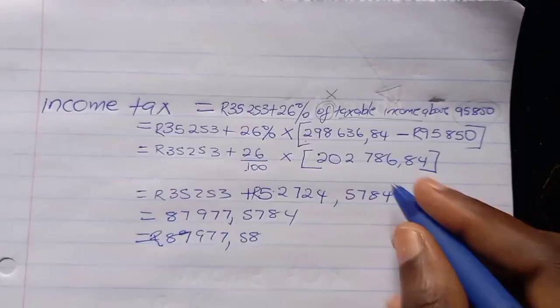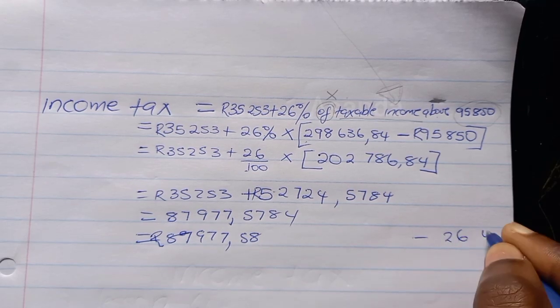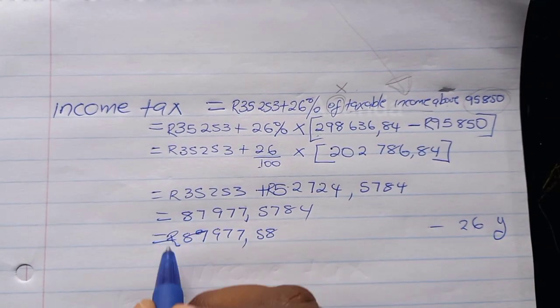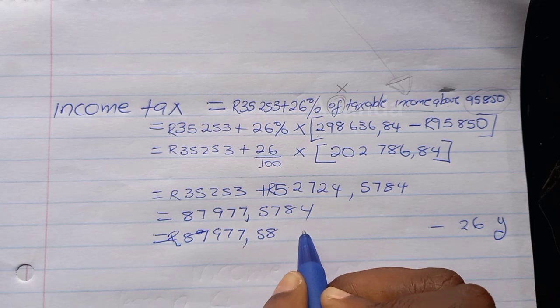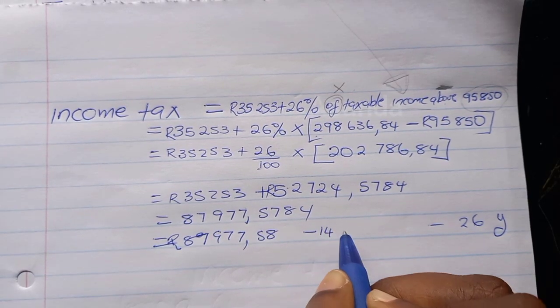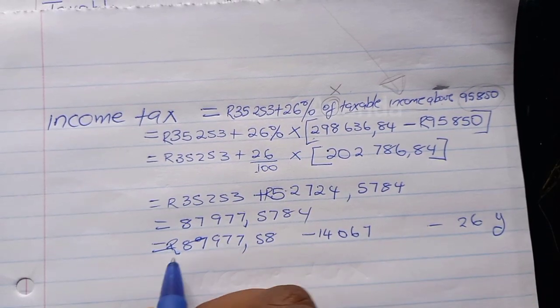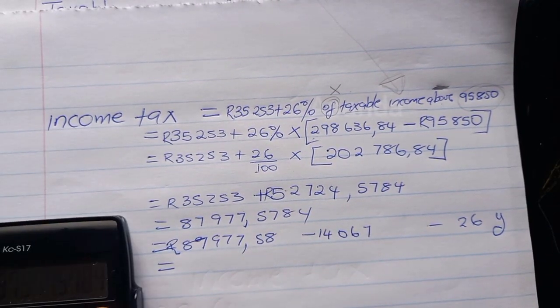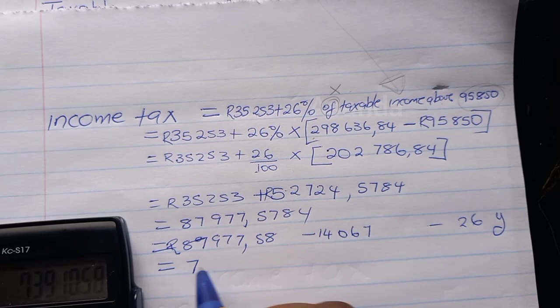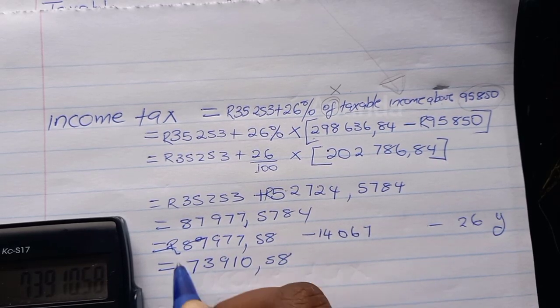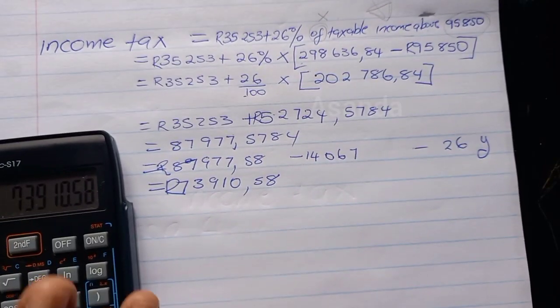So Amy is 26 years old, and therefore her rebates will be minus 14,067, and then she will be expected to pay 87,977.58 minus 14,067. She's 73,910.58. So that's how much she's expected to pay if she's 26.